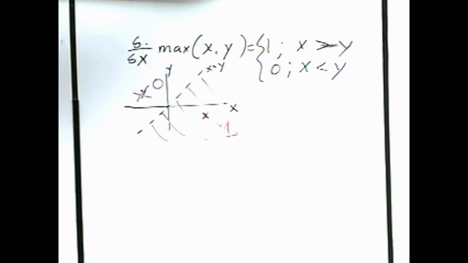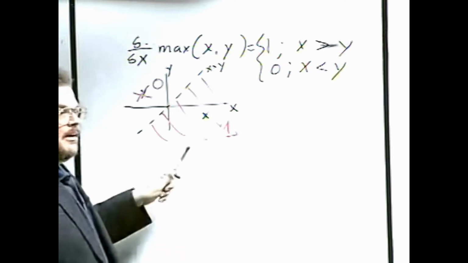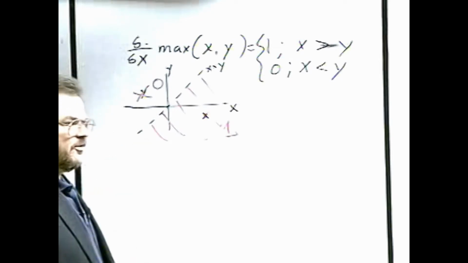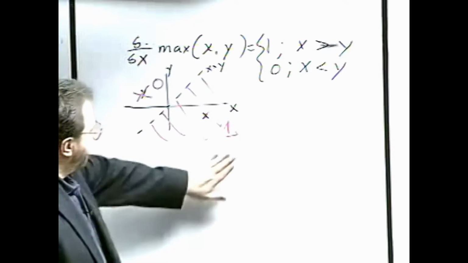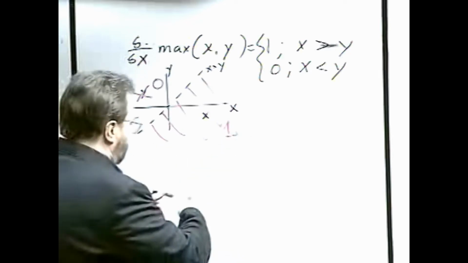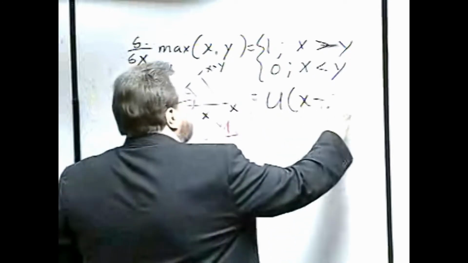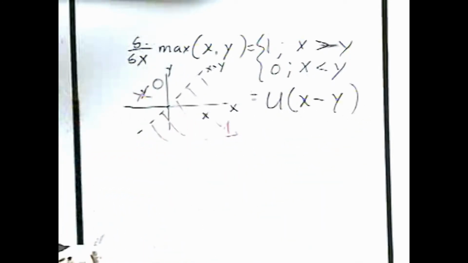It's a discontinuity there. It's like asking what is the value right at the step of a unit step. It's undefined. You can put it anywhere you want to. We actually have a unit step, and this could be written as u of x minus y, where u is a Heaviside unit step function.